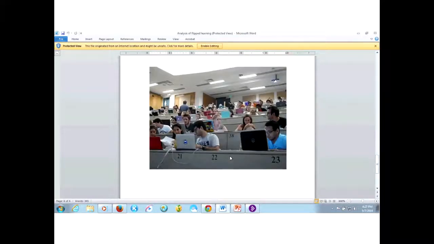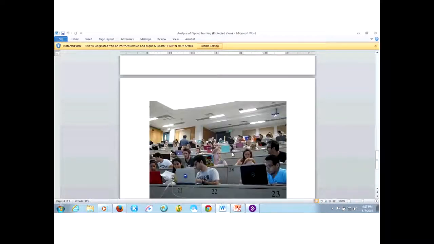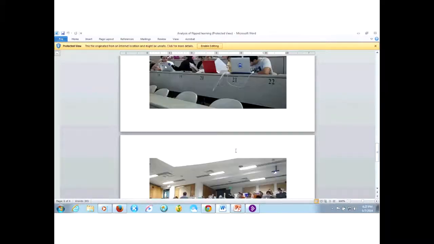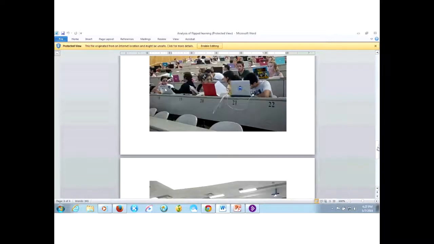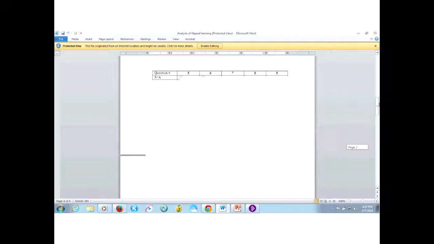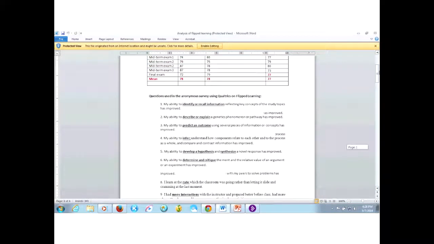Yes, this is what I did, and this is the picture taken, and there's some data. Again, I will do more analysis to see how students respond to this flipped learning.